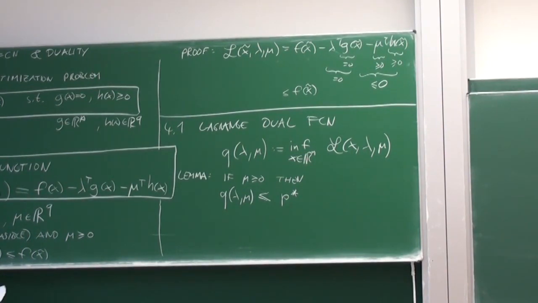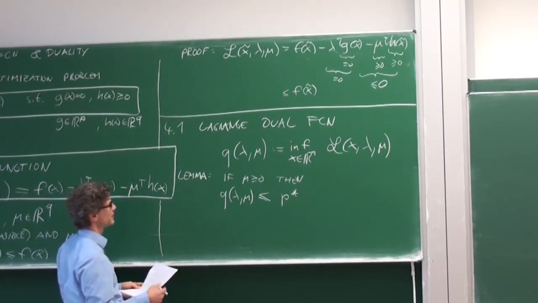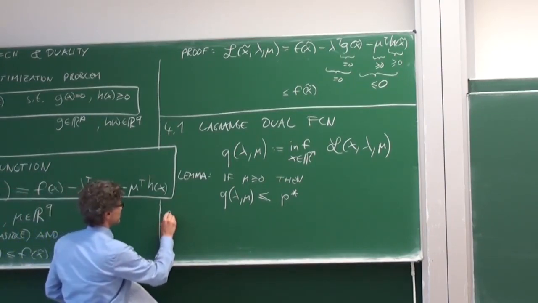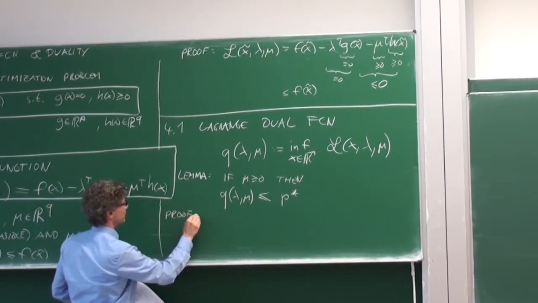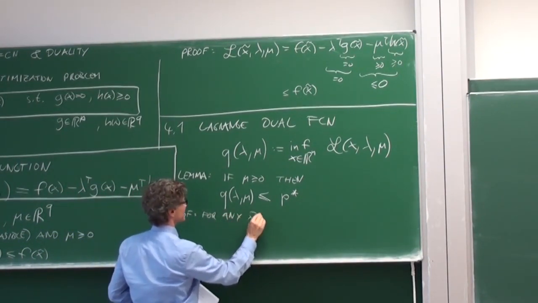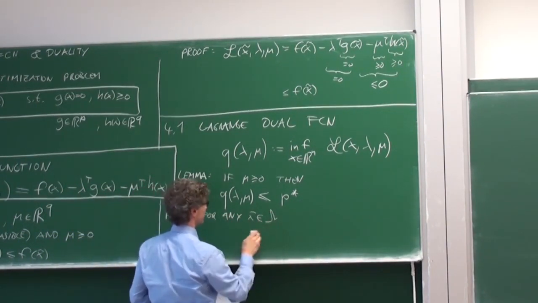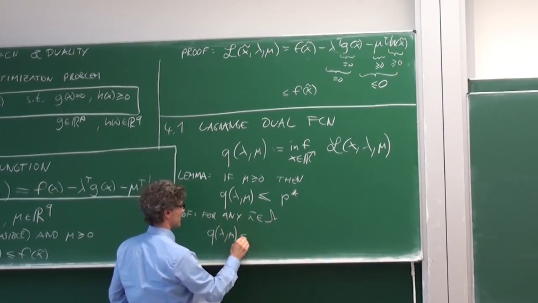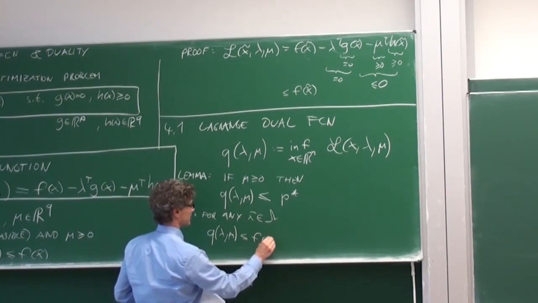So for any feasible point, let me just prove it formally. Proof. For any x tilde in omega, we have of course that q of lambda, mu is smaller than f of x tilde.